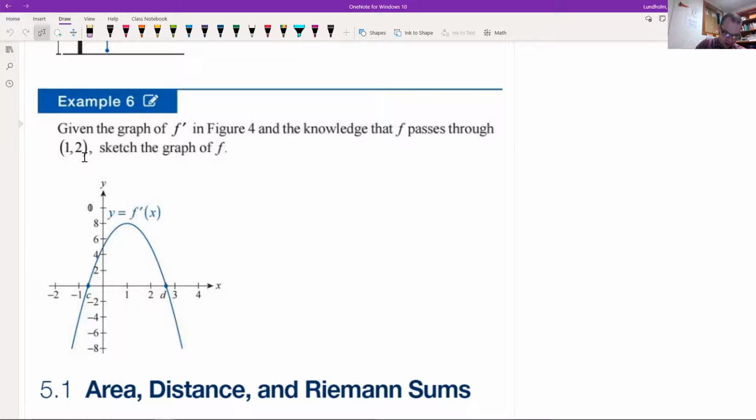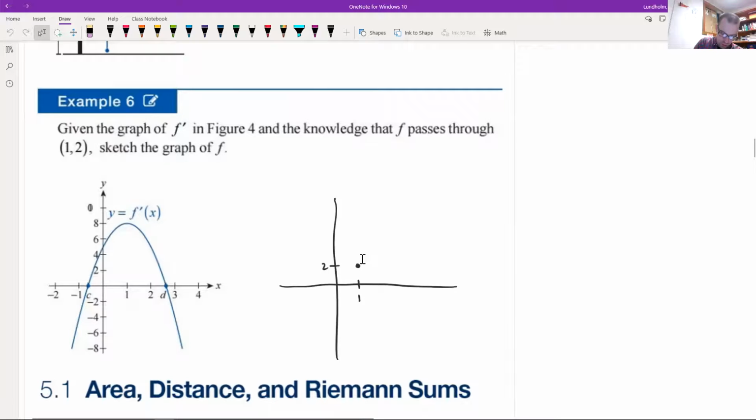So let's try to do our best with a sketch here. What do we know? We need to go through the point 1, 2, which on this graph is about here. So I'll try to mirror that. I think the y-axis is a little bit squished, but that's good. So we want a point to go through here.